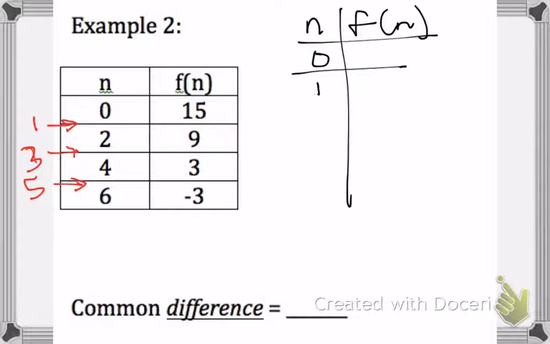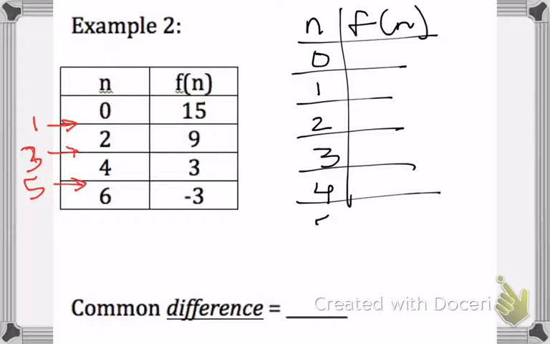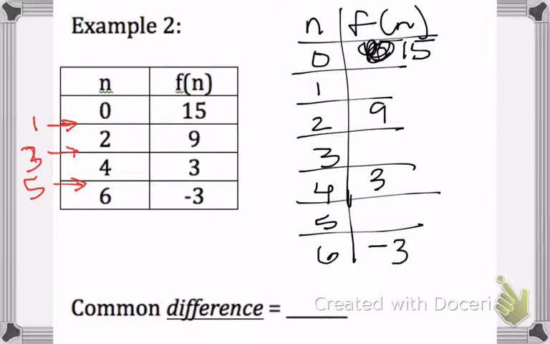So 0, 1, 2, 3, 4, 5, 6. So we had a 15. I'm going to scratch that out. 15, and a 9, and a 3, and a -3.